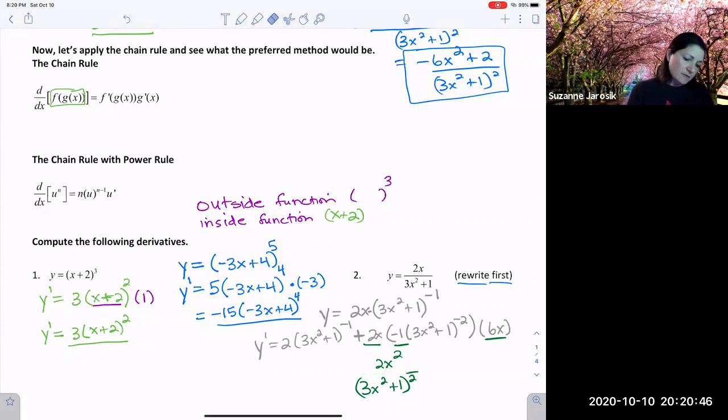That's a minus sign in front. 2 in the top, bring the 3x squared plus 1 to the bottom. Now, it still doesn't look the same, right? But do you notice it's a common denominator of 3x squared plus 1 squared?